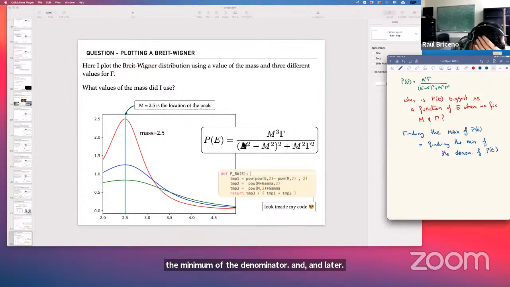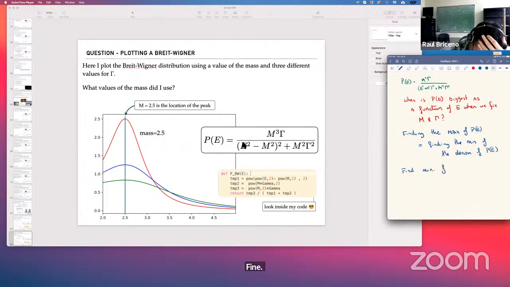We just translated the problem: instead of finding the maximum of this, we're going to find the minimum of (E squared minus M squared) all squared plus M squared gamma squared.